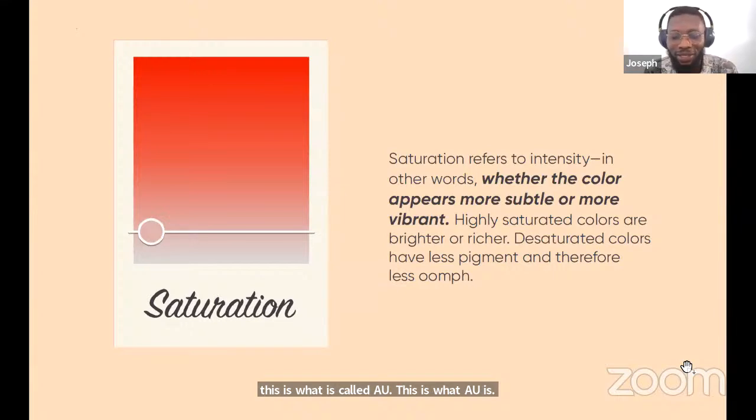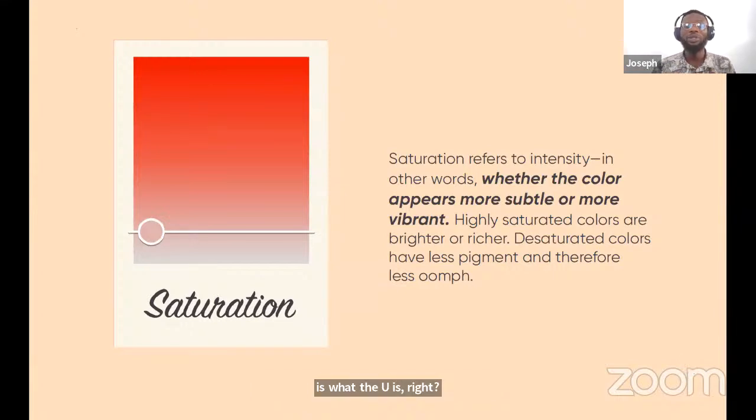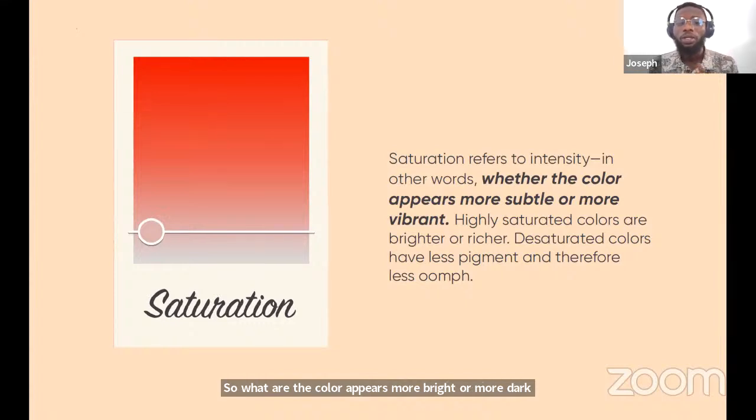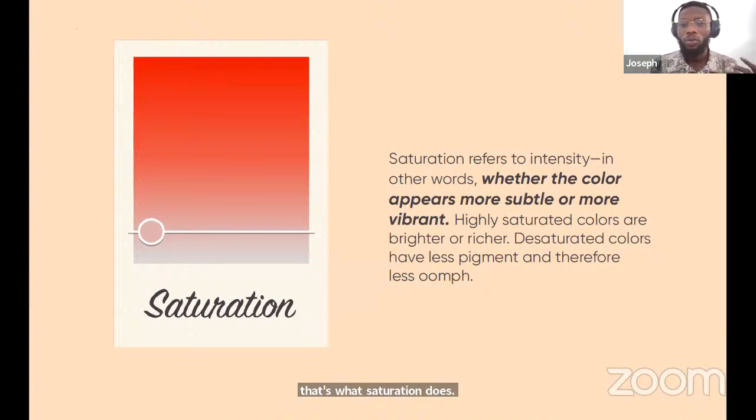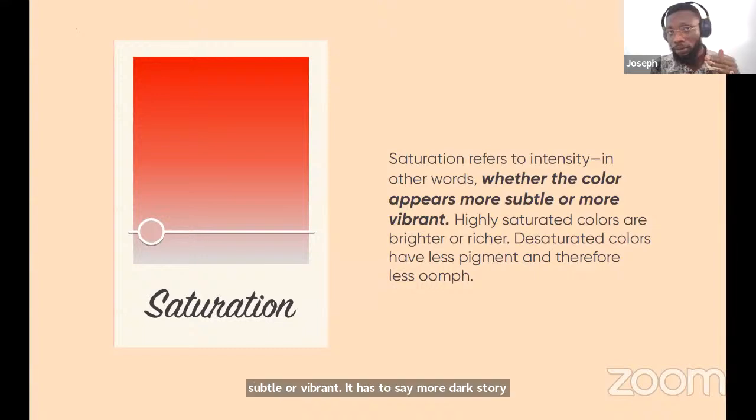Now, another interesting one is saturation. Saturation is just intensity, in other words. So whether the color appears more bright or more dull, that's what saturation does. So subtle or vibrant.